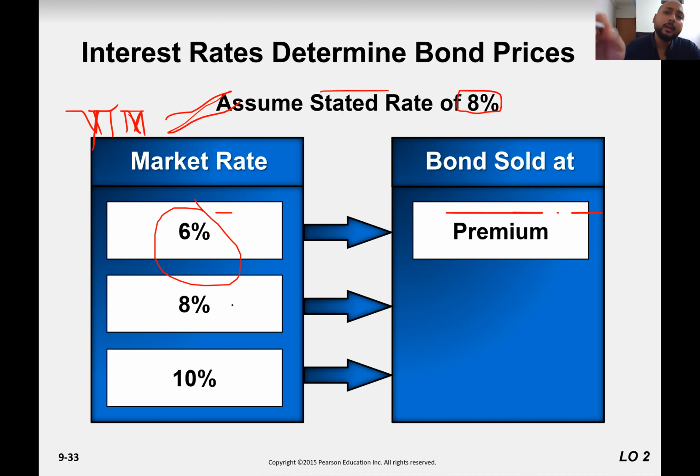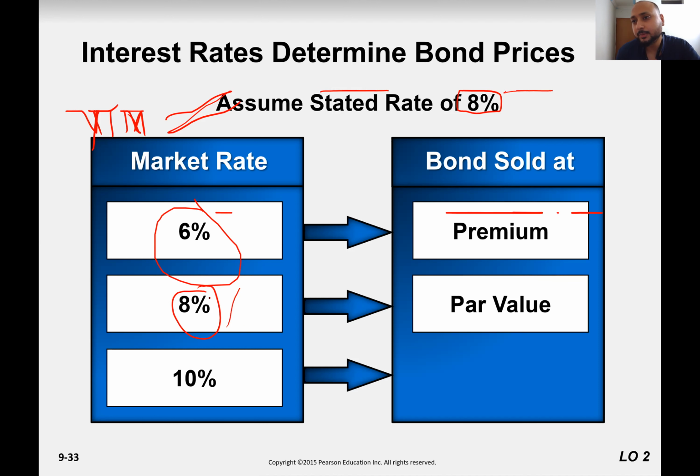Now, if the coupon is issued at 8% and the market is also giving you 8%, you will be indifferent whether to invest in the market. It's also giving us 8%, and this company is also giving us 8%. So it means the bond price will be at par, right?